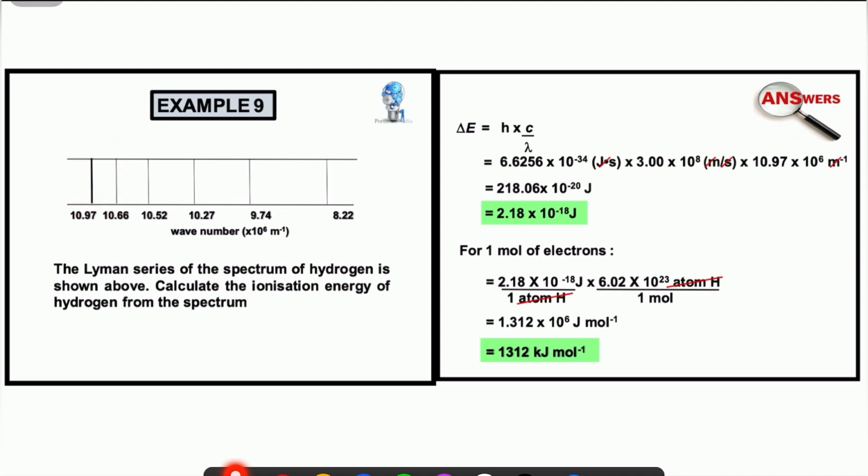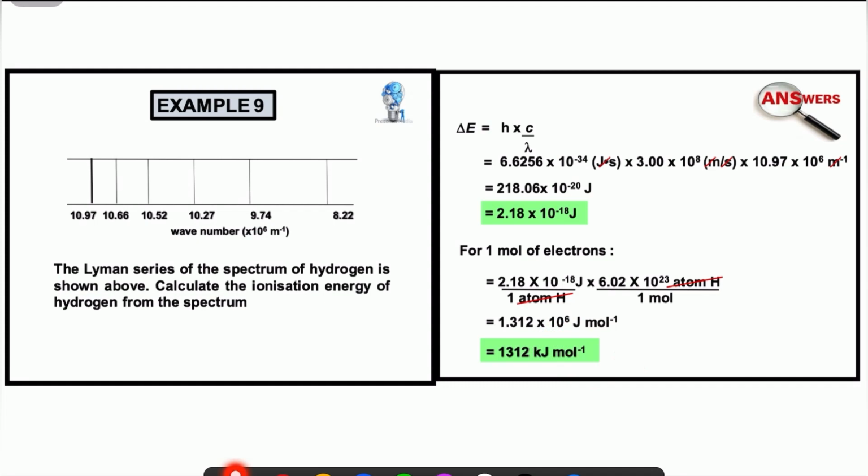Then you will get the answer, which is the energy for one hydrogen atom. For 1 mole of electrons, multiply by the Avogadro number and you will get the same value as before. You will get joule per mole, but you have to convert it into kilojoule per mole.